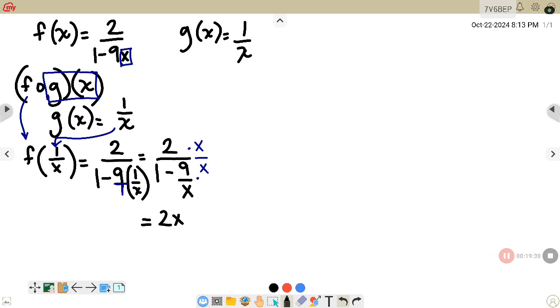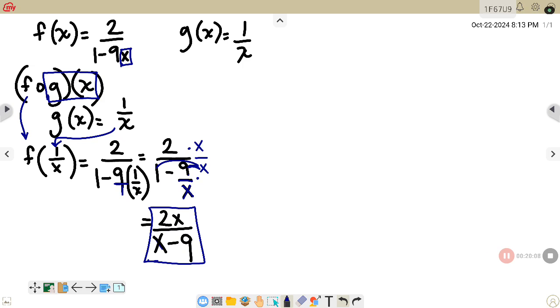Now, when I multiply the bottom, both things by x, the first thing I have is the x times 1, which just gives me x. Now I'm going to have minus, when I multiply the x times the 9 over x, the x's cancel, so I am just left with the minus 9. So that is f of g of x.